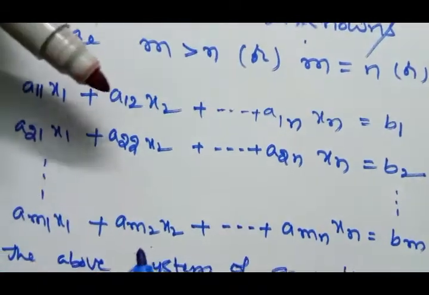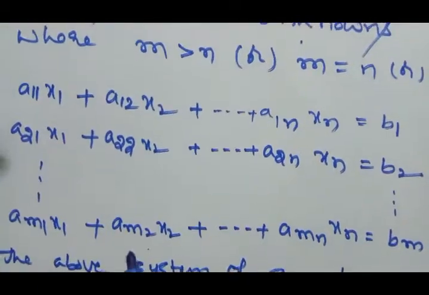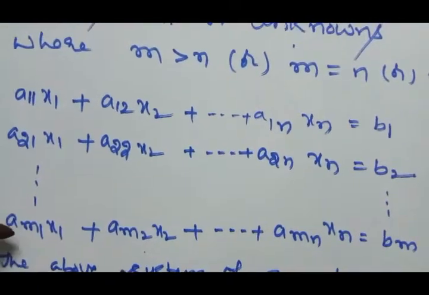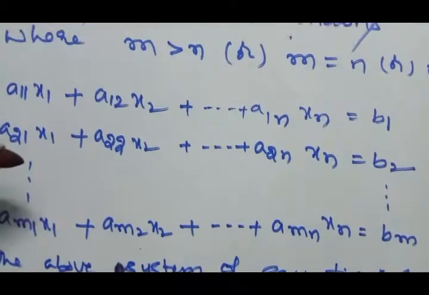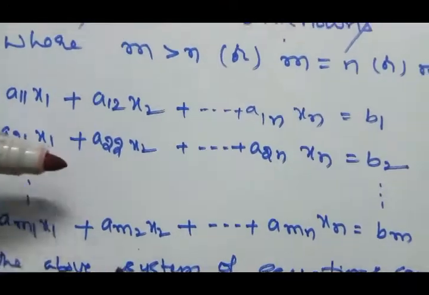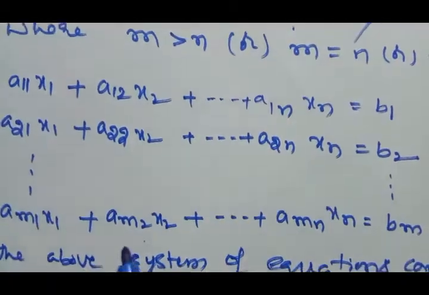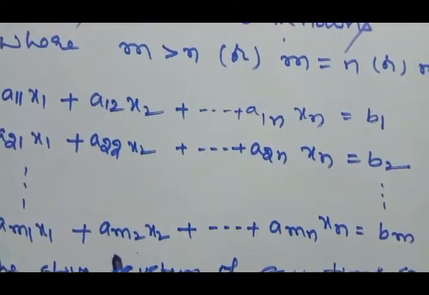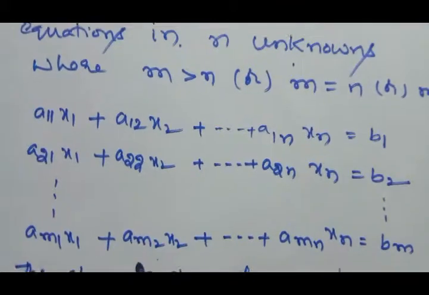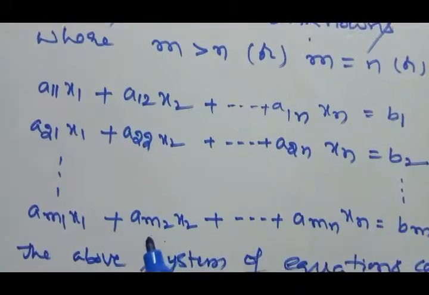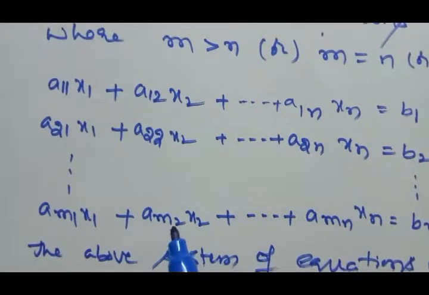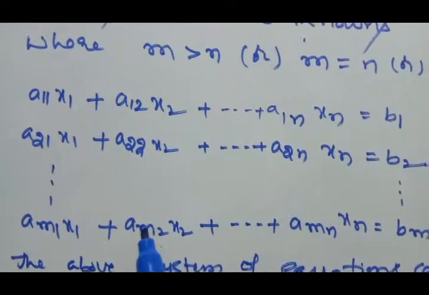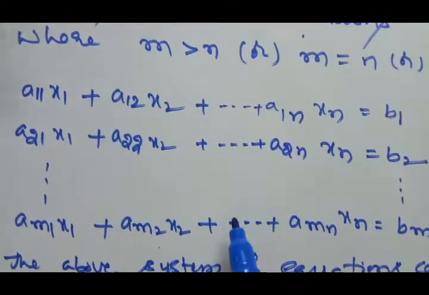If these values satisfy all the equations in this system, then this is called the solution of the system of equations. These values must satisfy each and every equation of the system.